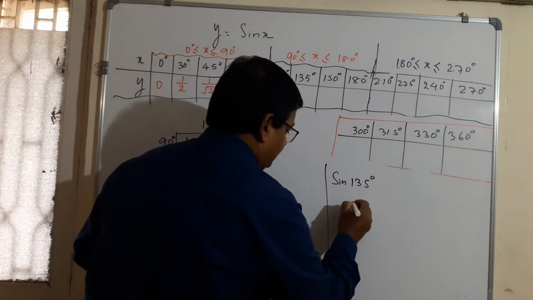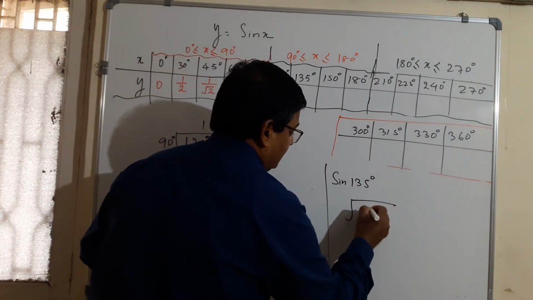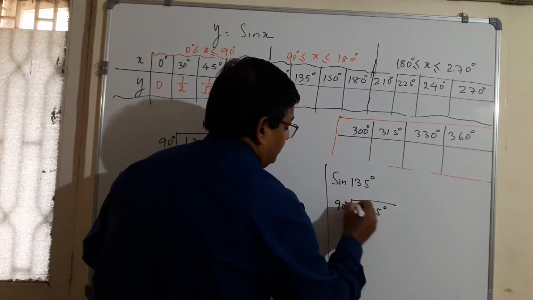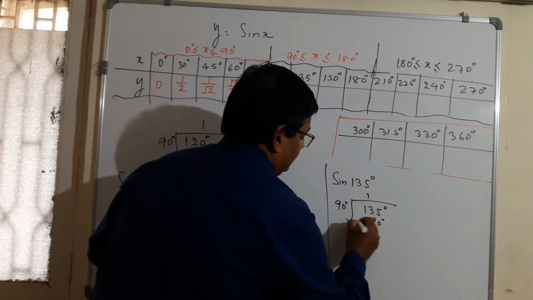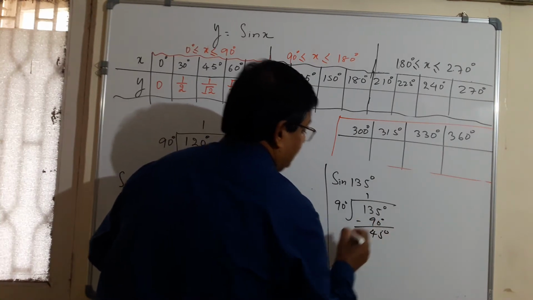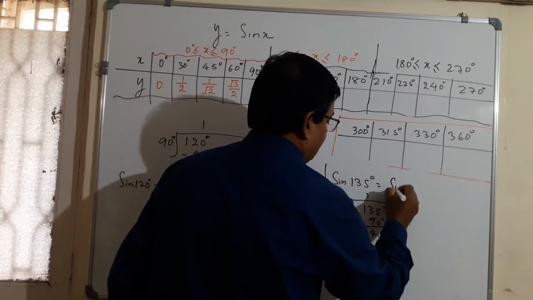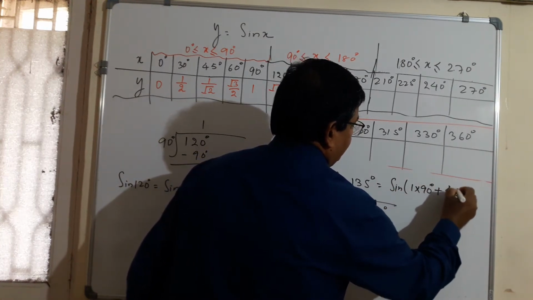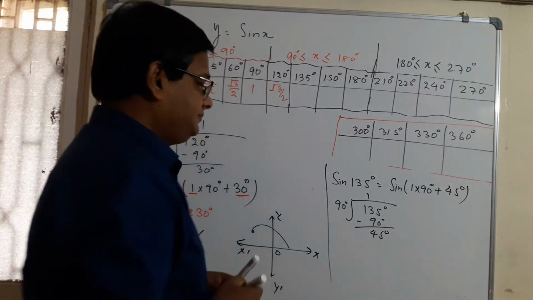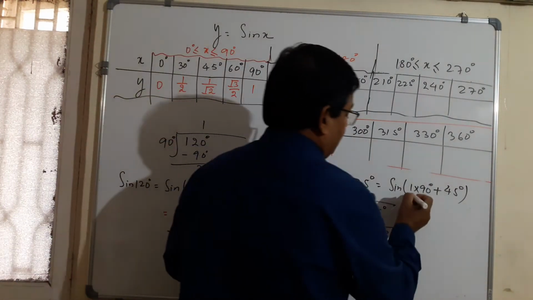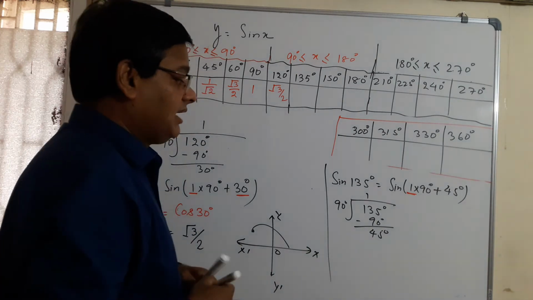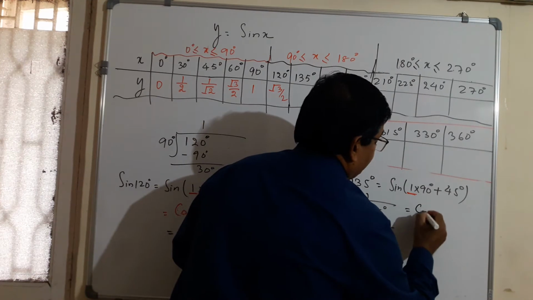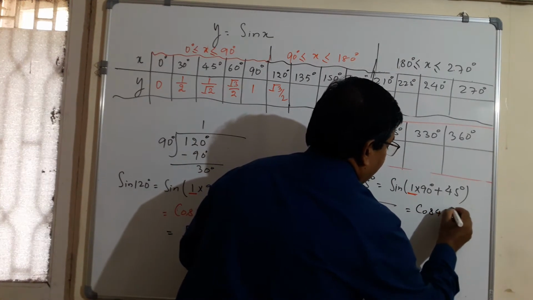You can divide 135 by 90, so 1 times 90 degree, and here plus 45 degree. It means we can write like this: sine of 1 into 90 degree plus 45 degree. So see here, 1 is an odd number, so sine changes into cos. So it becomes cos 45 degree.